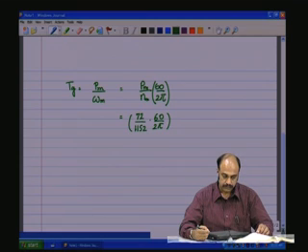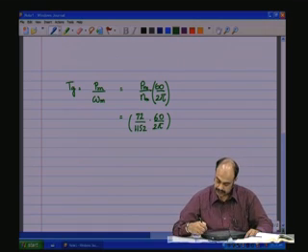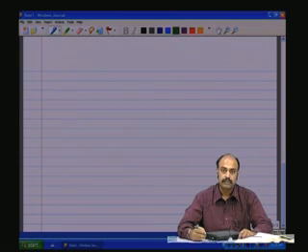So now let us look at one important aspect of the induction motor, and that is the equivalent circuit.